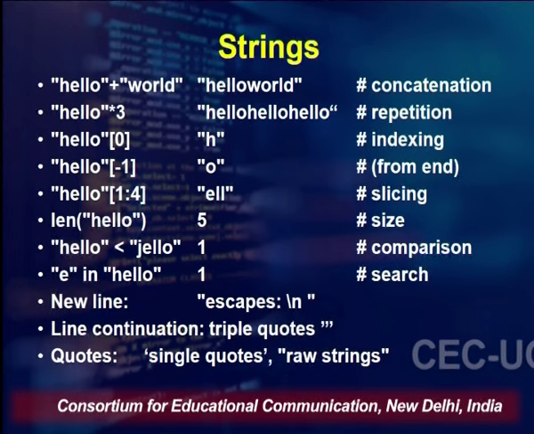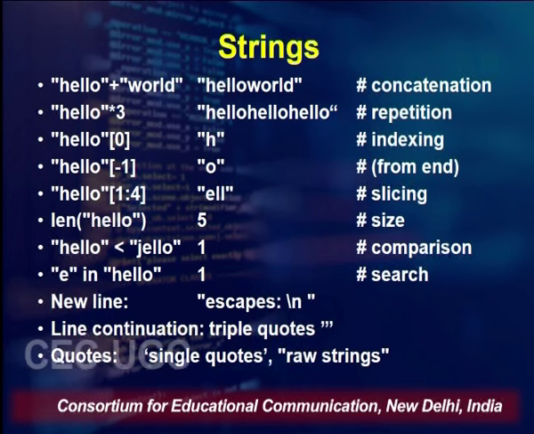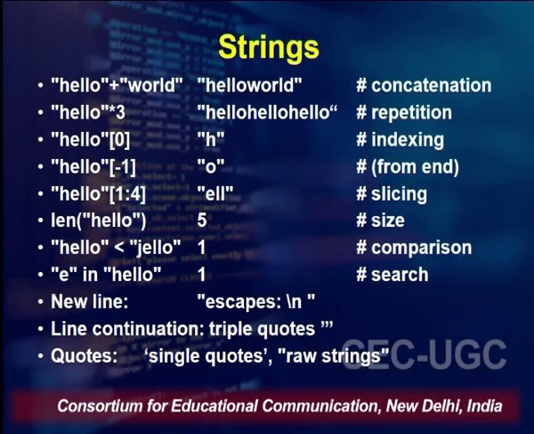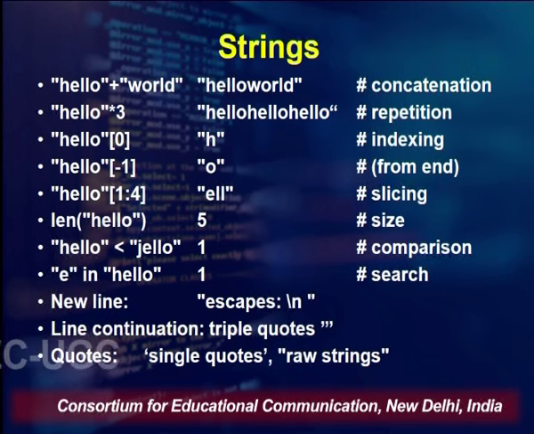Of course, we can have concatenation using the plus operator. So, we say hello plus world, and we get hello world. Then if you say star into 3, this means you want to repeat the same string 3 times. If you want to fetch a particular character from the string, you will use the string and the index of that particular element.